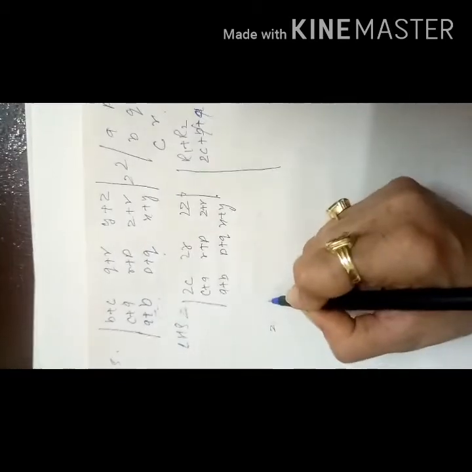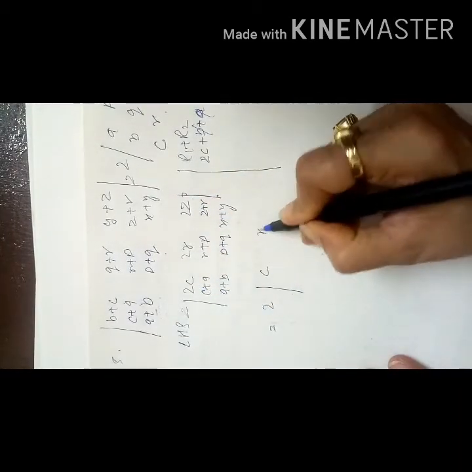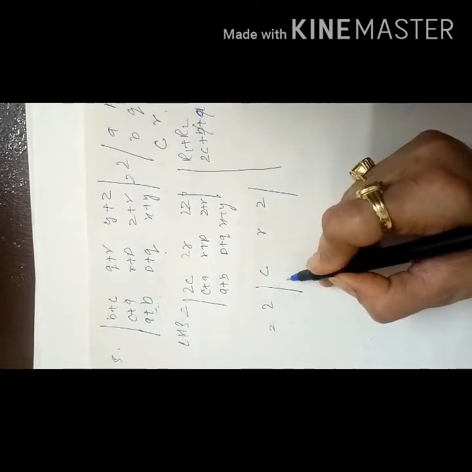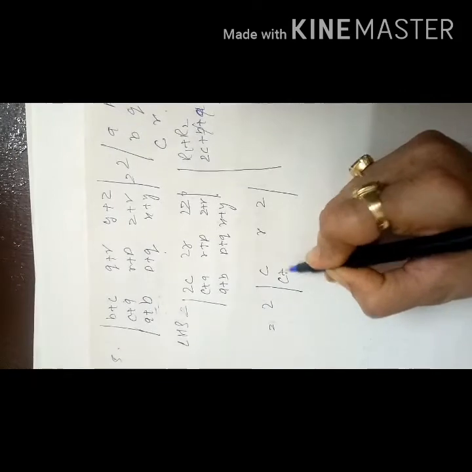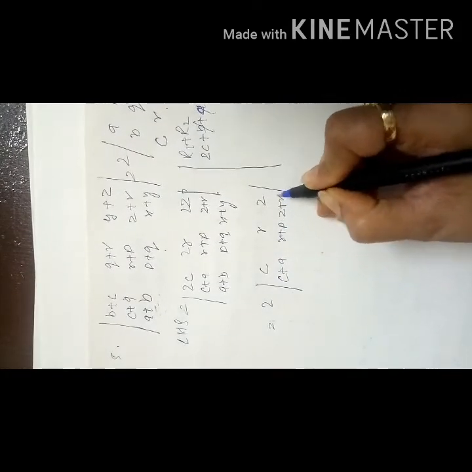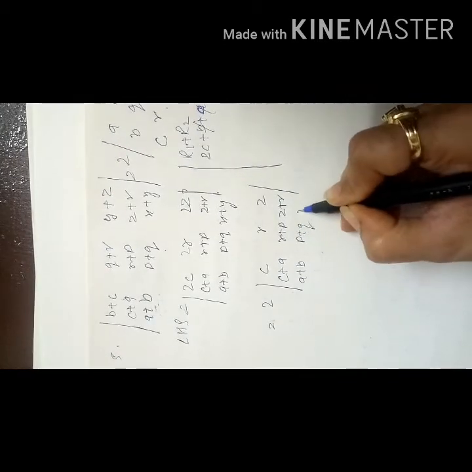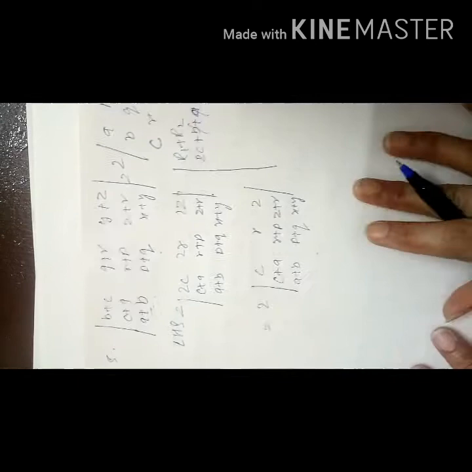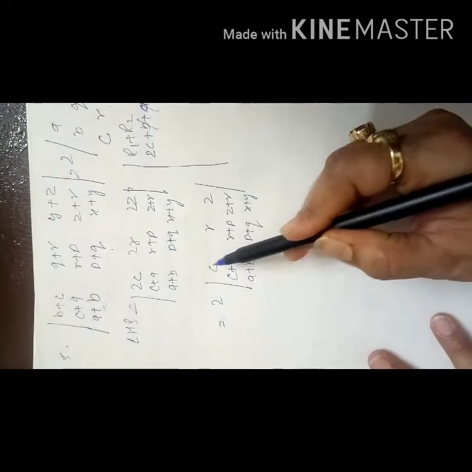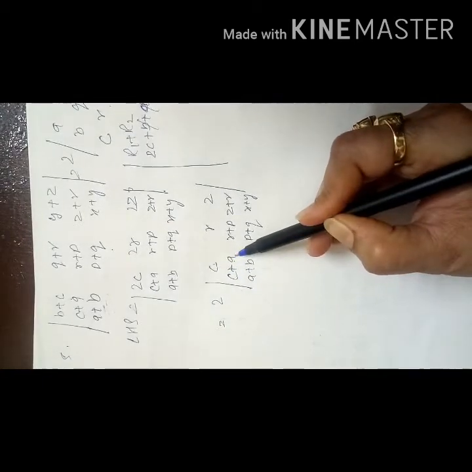Now we'll take this 2 common from the first row. Then if we subtract R2 minus R1, C will be cancelled out, only A is left.